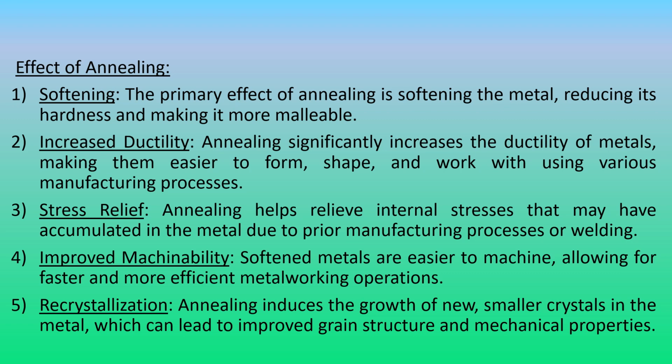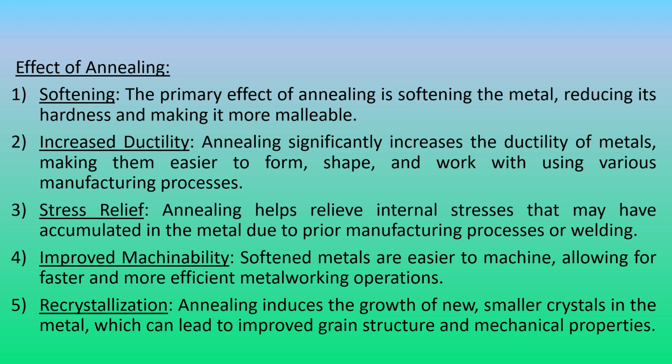Effect of annealing. Softening. The primary effect of annealing is softening the metal, reducing its hardness and making it more malleable. Increased ductility. Annealing significantly increases the ductility of metals, making them easier to form, shape, and work with using various manufacturing processes. Stress relief.